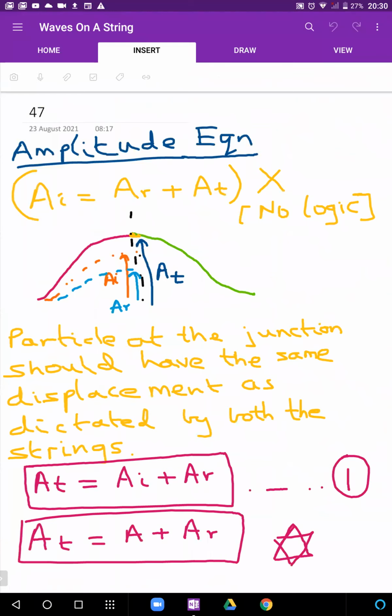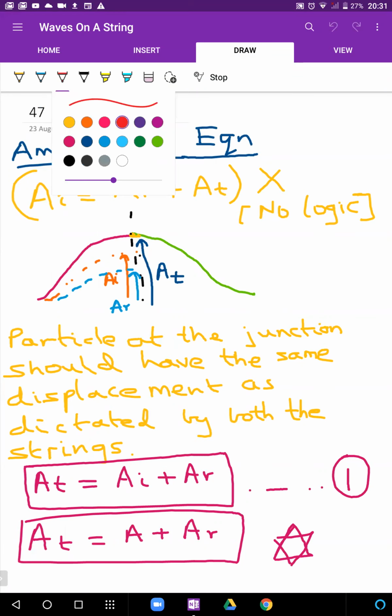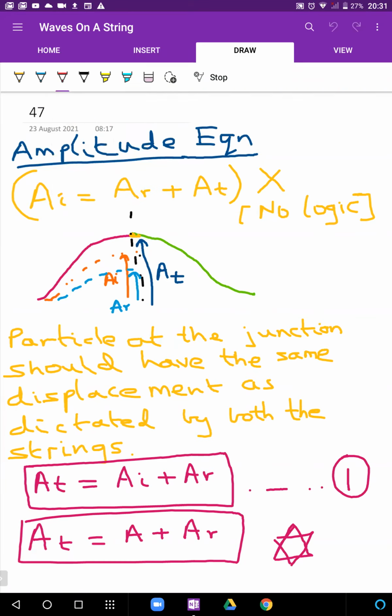So this one is just, I'm just saying कि particle के right hand side पे एक ही wave है, A transmitted, और left hand side पे दो wave हैं. So left hand side is not just A incident or just A reflected. These are continuous waves. So the left hand side is a combination of A incident and A reflected. Even in a room, the reverb effect is your sound interfering with the reflected sound, and that gives us the effect of being inside a room.